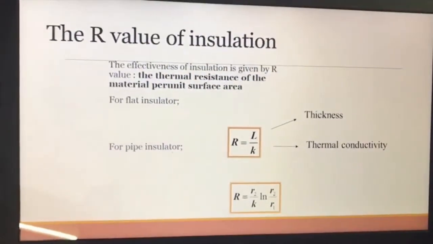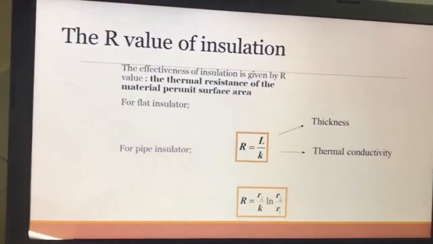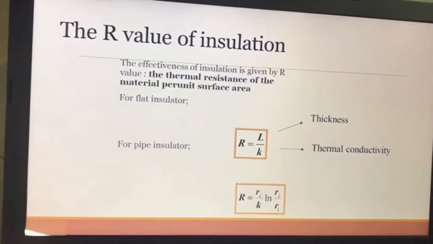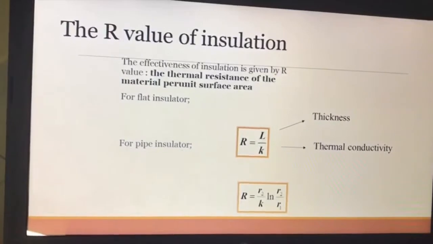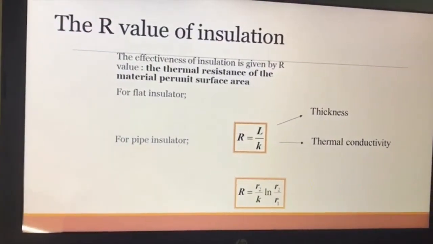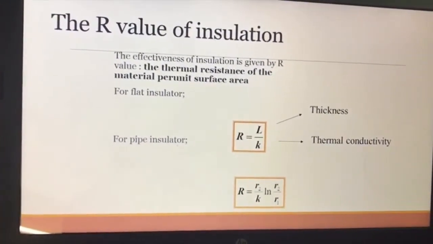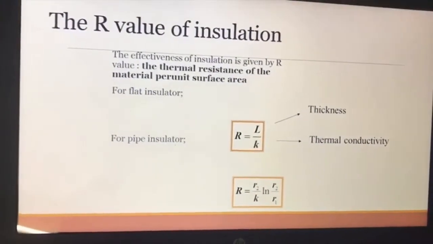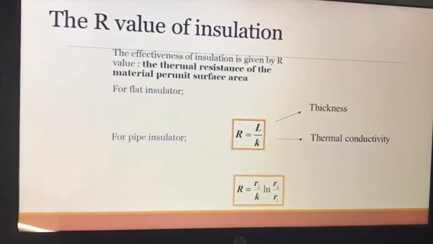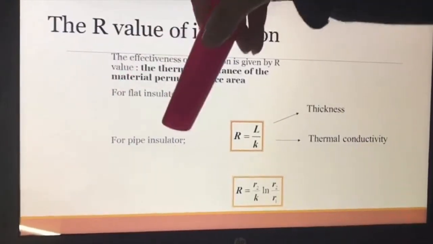Okay, the R value of insulation. The effectiveness of insulation is given by R value. So, kalau thermal resistance of the material per unit surface area is the definition of the R value itself lah. So, kita ada dua untuk R value insulation, for flat insulator and for pipe insulator.